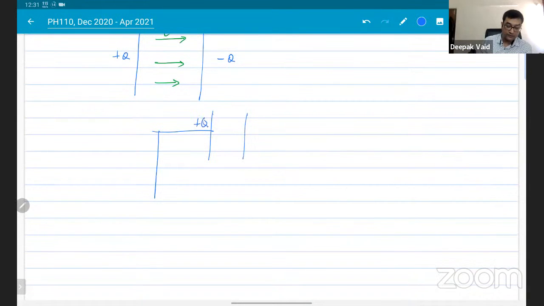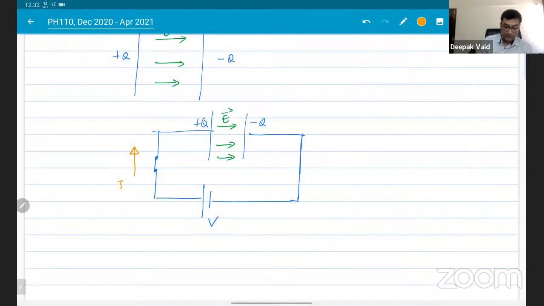I have two plates, positively charged and negatively charged, and I have a switch. I have closed the switch. When I close the switch, the plates start to charge, and that means that there is some current flowing in the circuit.